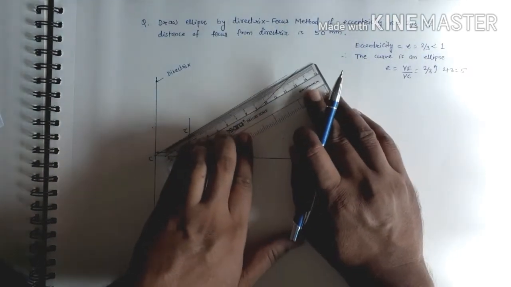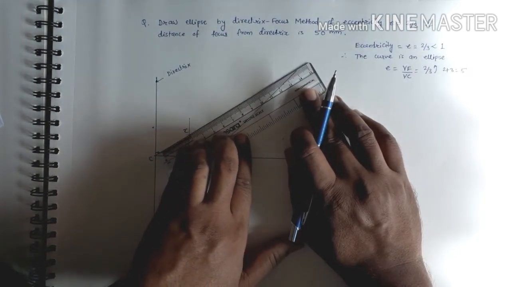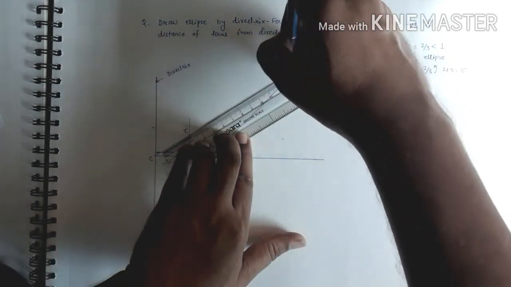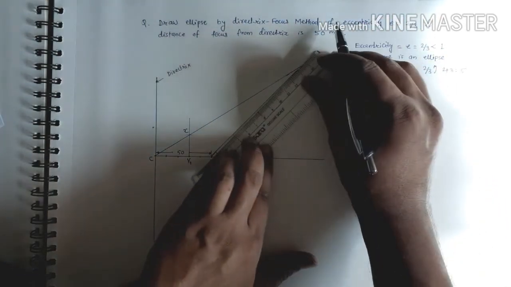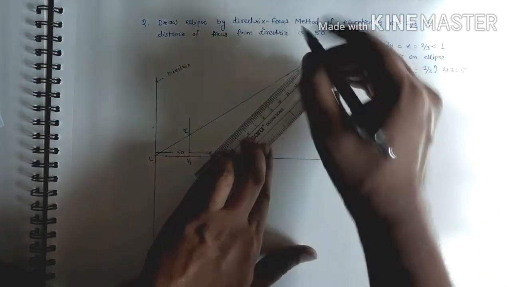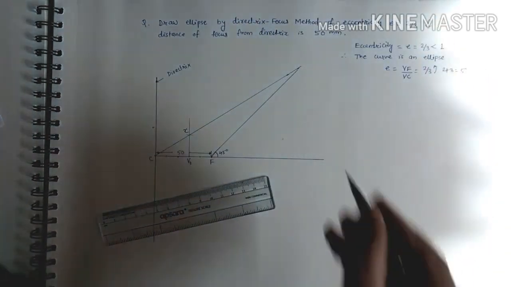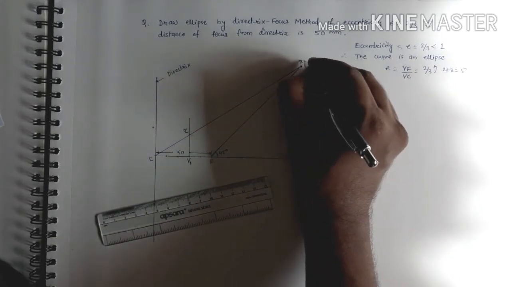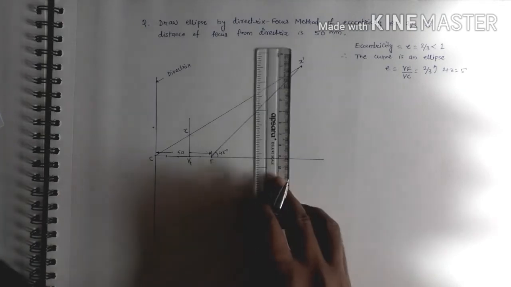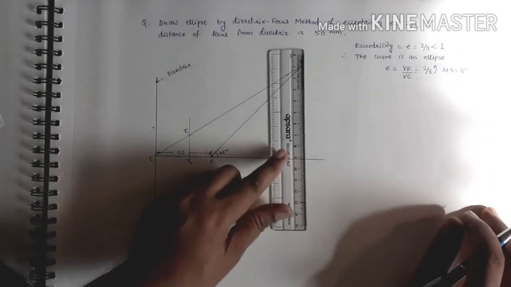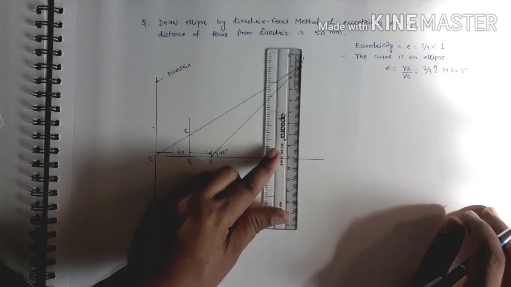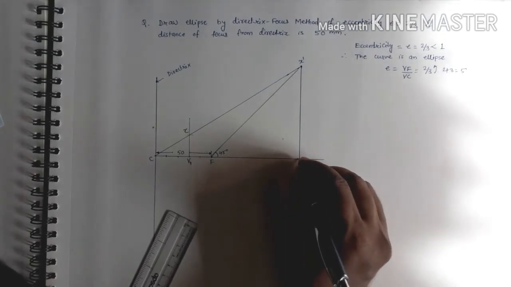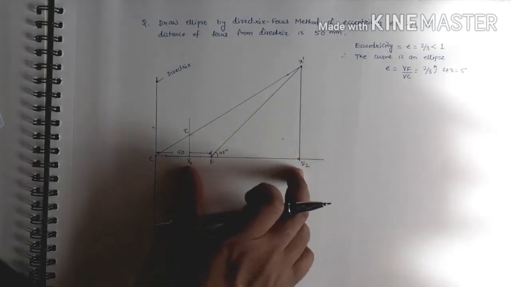Okay, the intersection of this line, this intersection point, let's say x dash. Join this x dash point on the horizontal line. Okay, so this point will be V2. So this is the major axis of the ellipse.